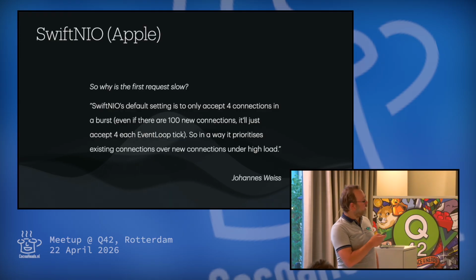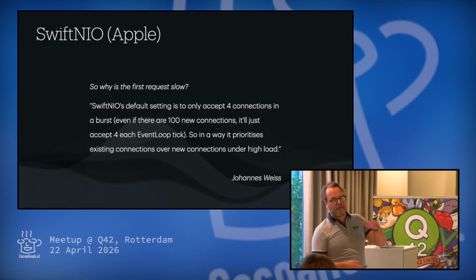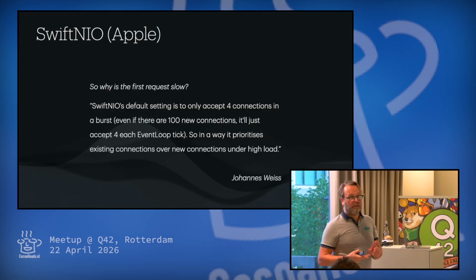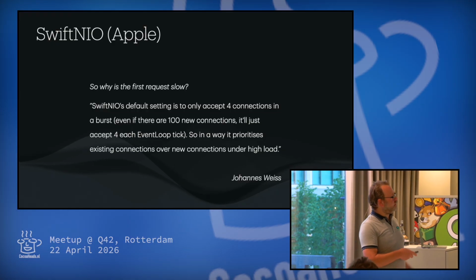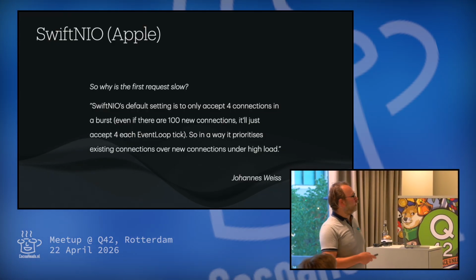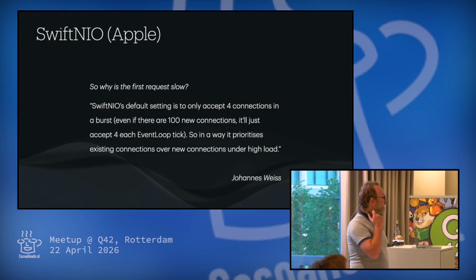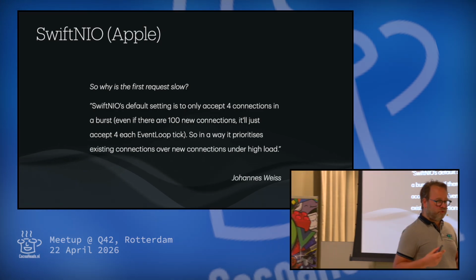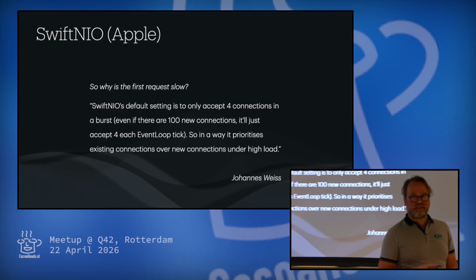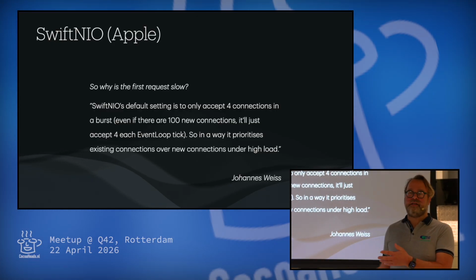So this is the guy that wrote Swift NIO, which is underneath Vapor and the other framework from Johannes, Hummingbird. This is the low-level network framework. And so why is the first request slow? It turned out that the default setting is to accept the first 4 connections, handle those 4 connections, and then later see if there are any other connections.